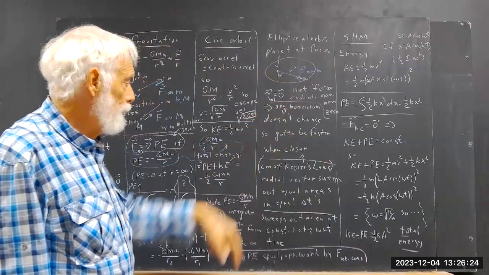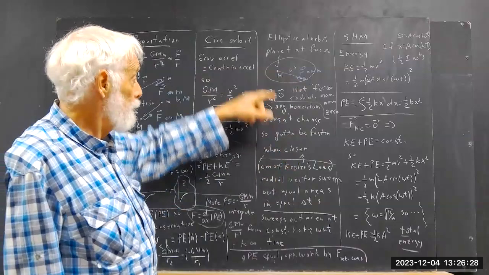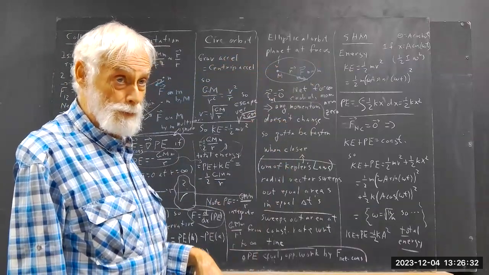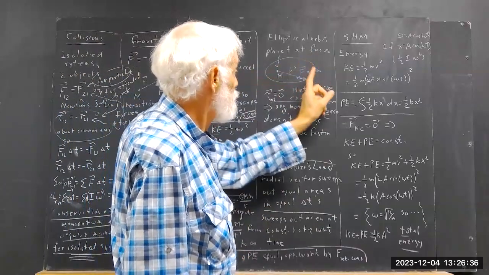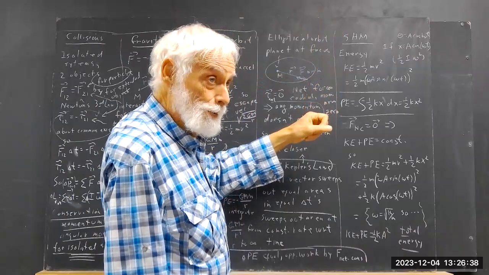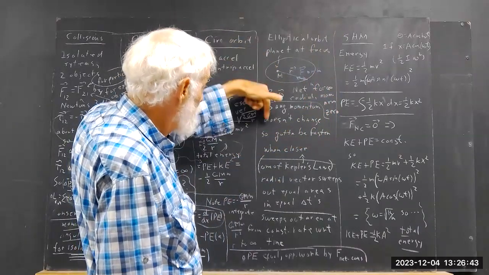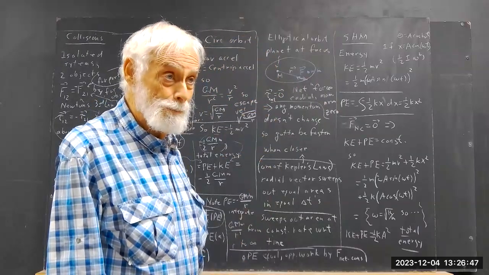So that's why your orbit has to be faster when closer, because you have to have the same angular momentum in here as you do out here. Out here, you multiply this distance by this velocity, and in here, you multiply this distance by this velocity. This distance being smaller, this velocity has got to be bigger.